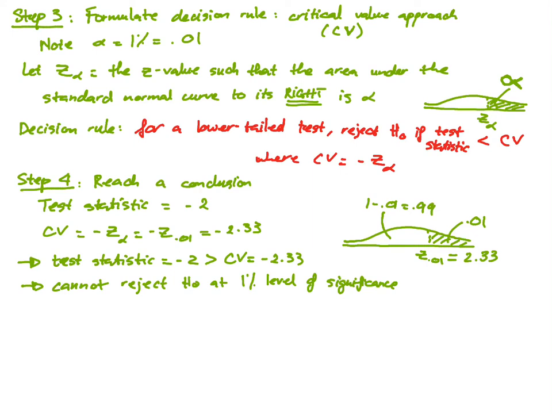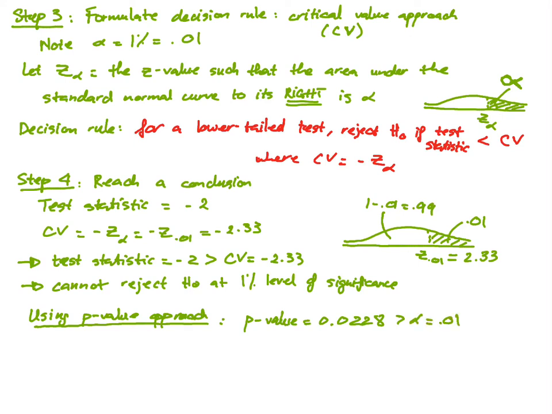Now, if you recall the conclusion using the p-value approach in the previous video, we said that the p-value was 0.0228, which is greater than 0.01. So what was our conclusion?